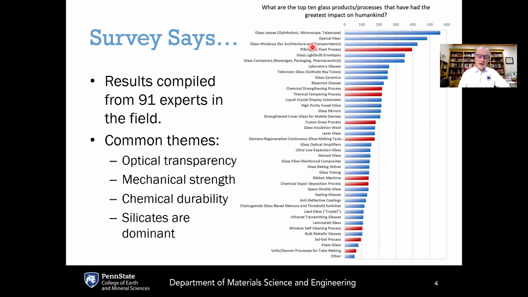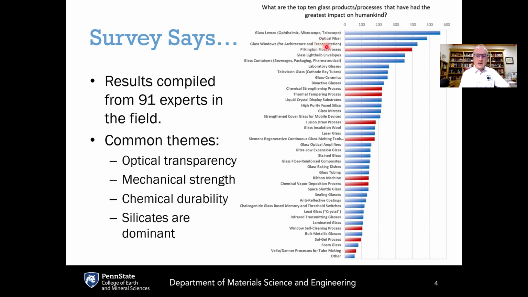Like if you look at houses and buildings that were built before the development of the Pilkington float process, so let's say before around 1960 or so, you'll notice that the windows are quite a bit smaller, they're quite a bit lower quality, but more modern buildings, especially those made starting in the late 1960s, they have much larger windows, much better quality windows, and all of that is because of the Pilkington float process.